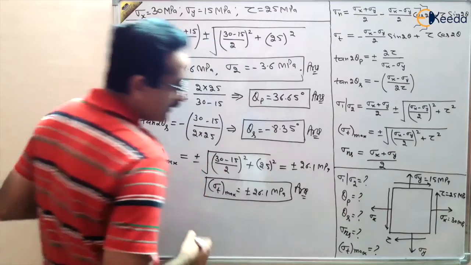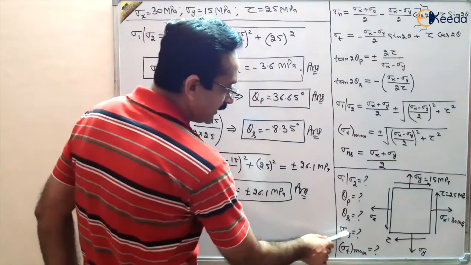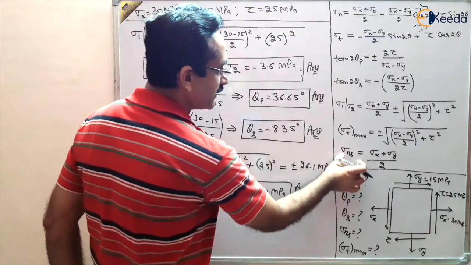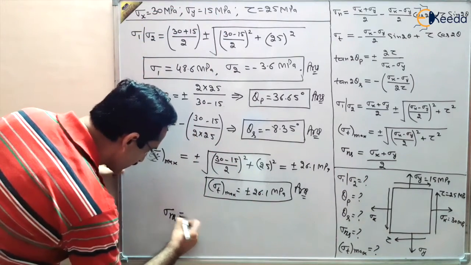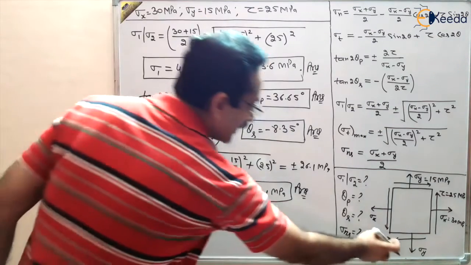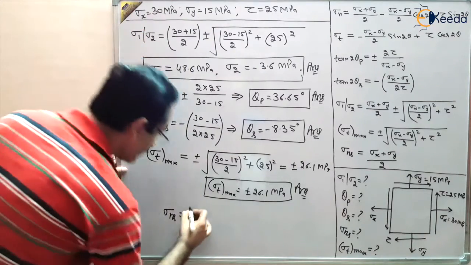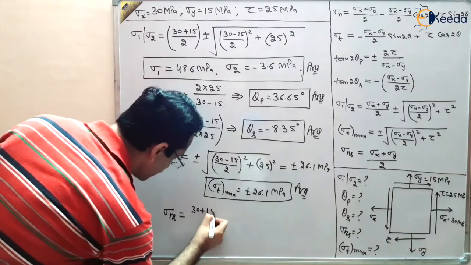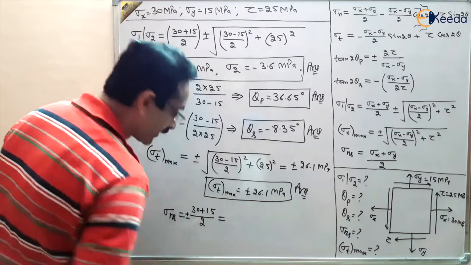And last, we have to calculate the normal stress at the plane of maximum shear stress, sigma ns, and that is given by sigma x plus sigma y by 2, the average of these two, which is 30 plus 15 by 2, and it is plus minus.